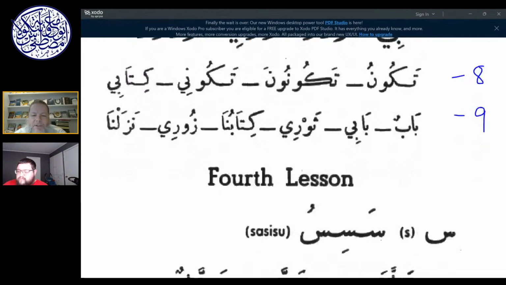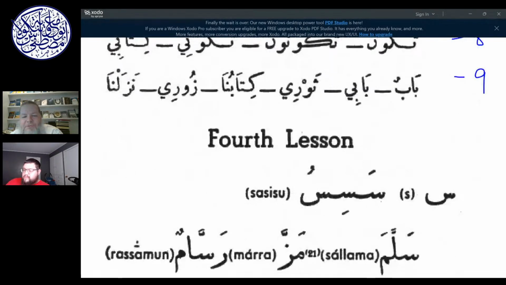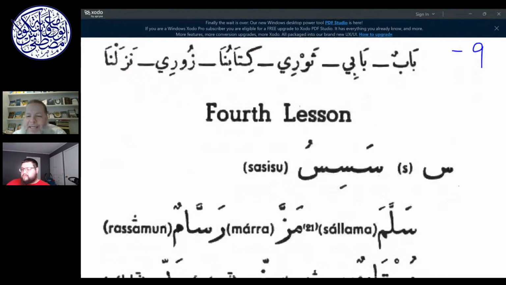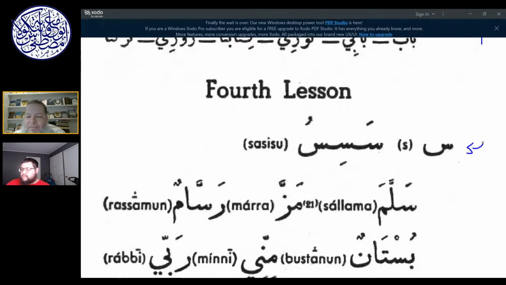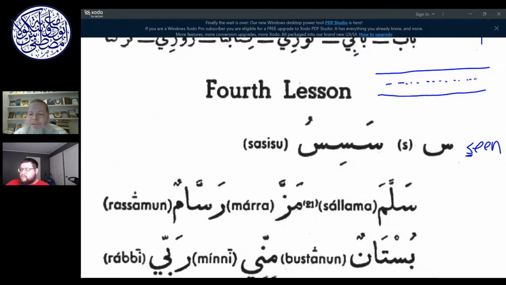Okay, jazakallah khairan. We're on our fourth lesson. Our first letter here is seen. It makes the s sound, like "I seen what you did yesterday." On a line, I'm going to try to draw it up here. That's our line. Here are our kindergarten dots to show us where it fits on the line.